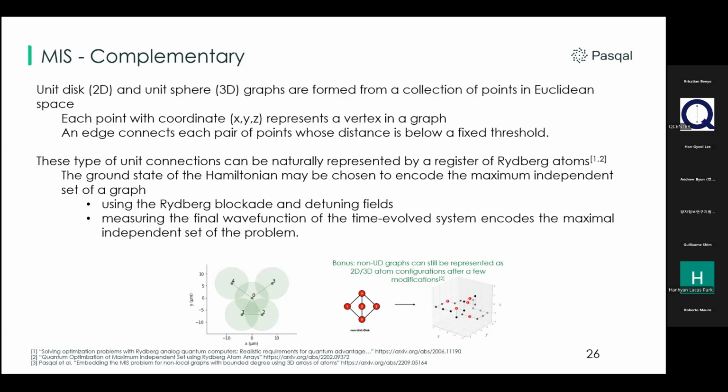As I mentioned, not all graphs can be represented this way. However, there are certain techniques that allow you to reformulate graphs by representing them in a unit disk fashion. One such example is this graph here.